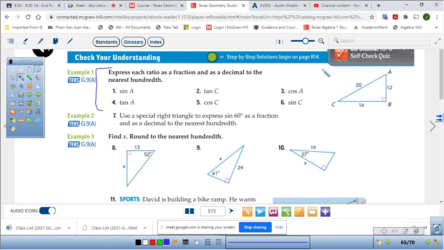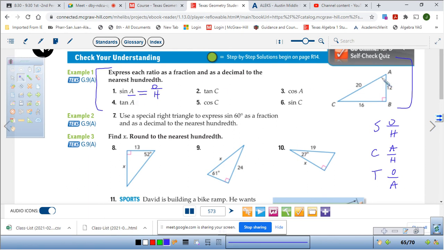So for these right here, you remember SOH, so I'll go sine A. Sine of A means the ratio of opposite over hypotenuse. Opposite over hypotenuse of A. Okay, where's A?